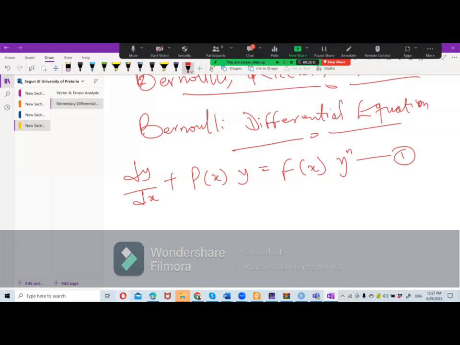Let me solve this by using the substitution method. Let W equal y to the power 1 minus n. Remember we have y raised to power n, so we say let W equal y^(1-n).